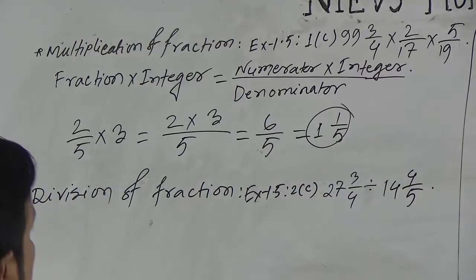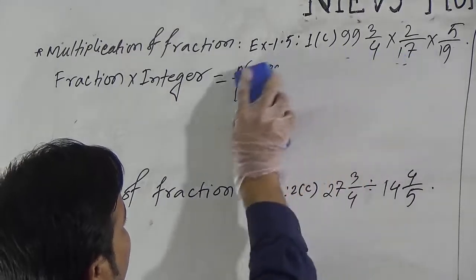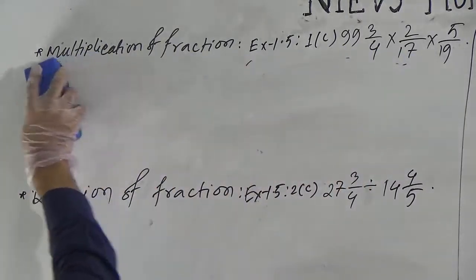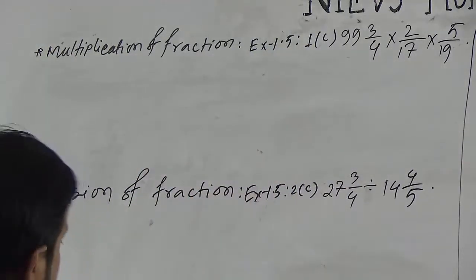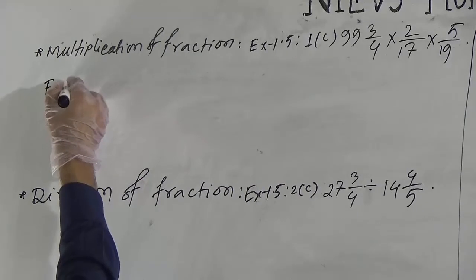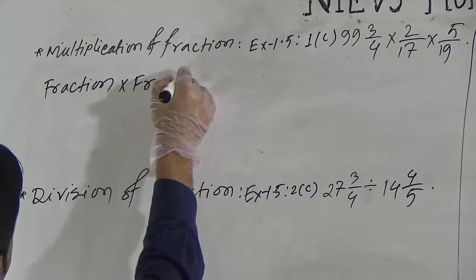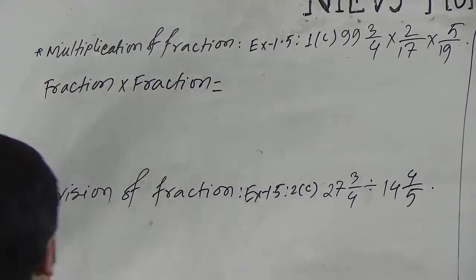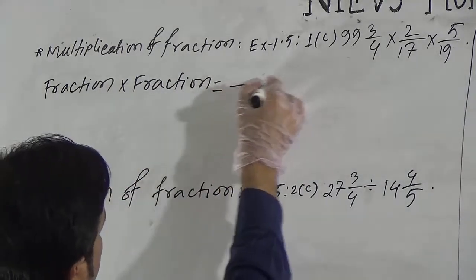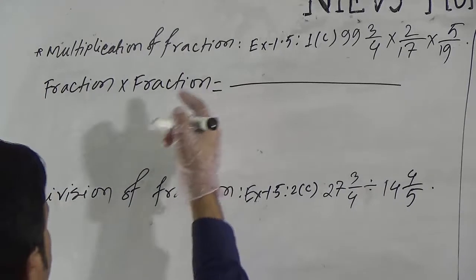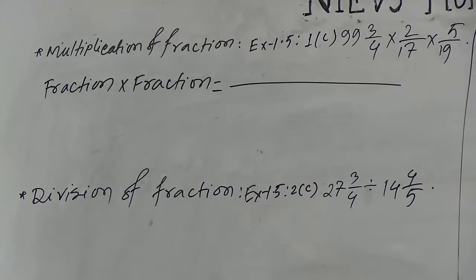Now I will show when we will multiply two fractions. If it is fraction multiplied by fraction, then what will happen? If we multiply a fraction by a fraction, then we have to multiply the numerators with the numerator and denominator with the denominator.